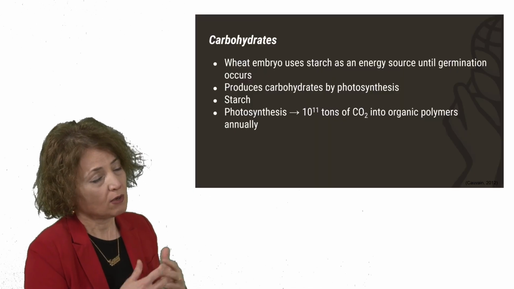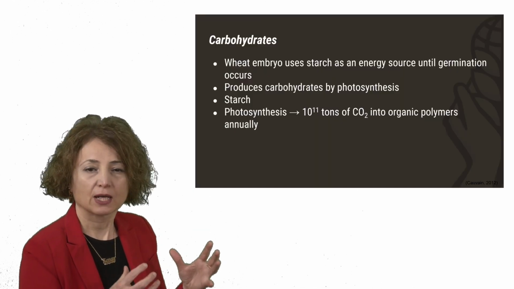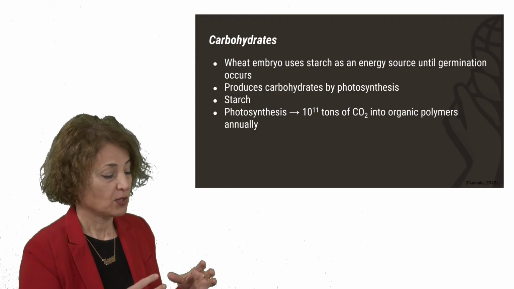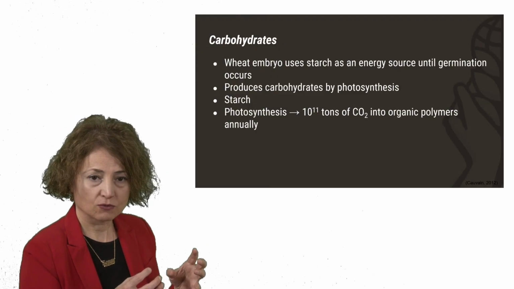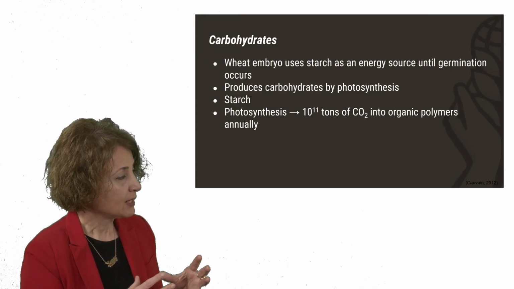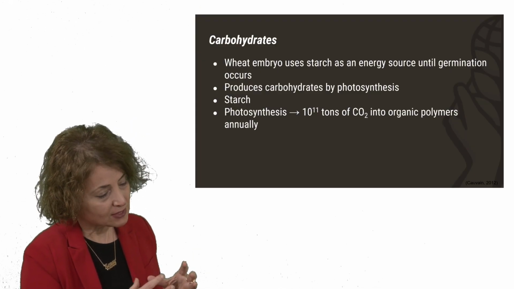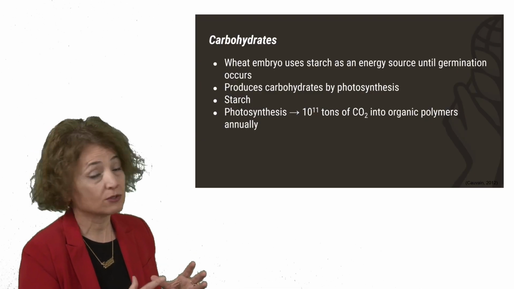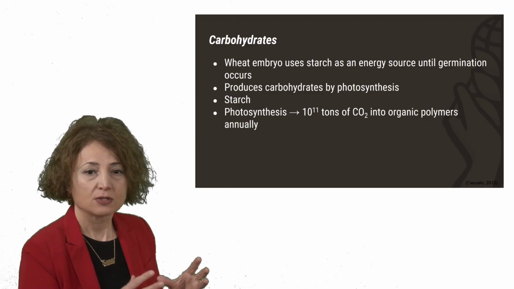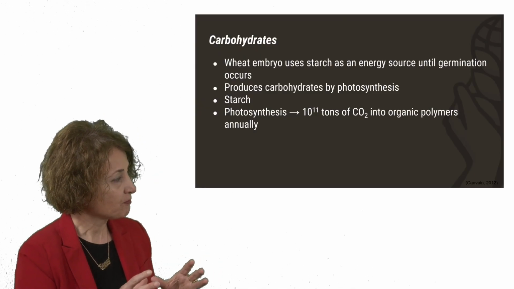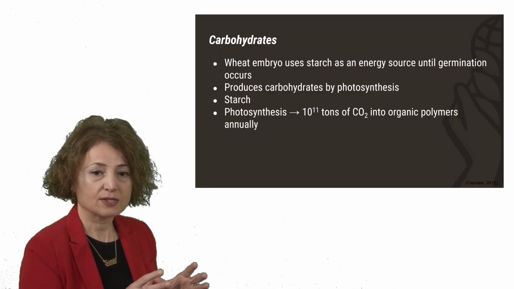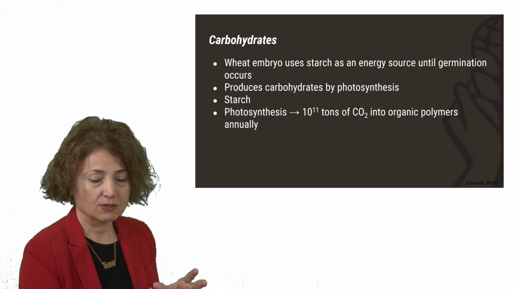So we talked about wheat bran and endosperm and what we have. Starch is the major source of energy stored in the wheat grain, and the wheat is saving that energy until germination starts. We will link this to pre-harvest sprouting later in the lectures. And then the carbohydrates are produced through photosynthesis.